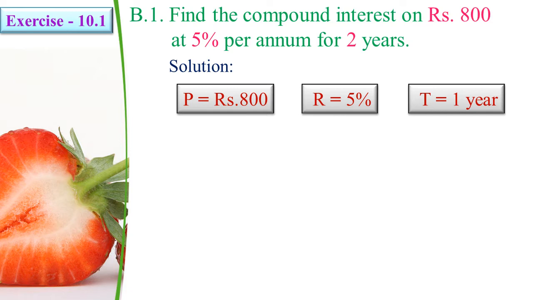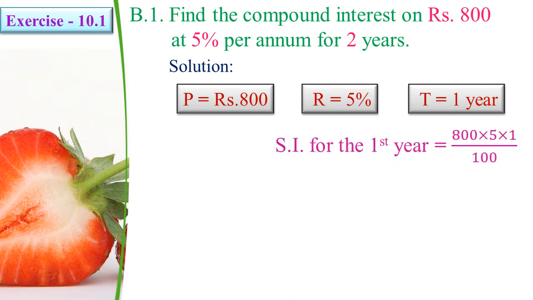Now we are going to calculate the simple interest for the first year is equal to P multiplied by R multiplied by T by 100. So 800 multiplied by 5 multiplied by 1 by 100. Here 0 and 0 gets cancelled out. Another 0 and 0 also gets cancelled out. So 8 multiplied by 5, we get rupees 40.